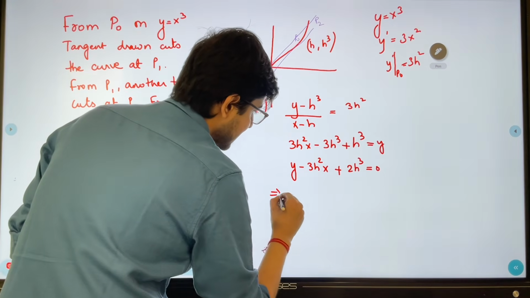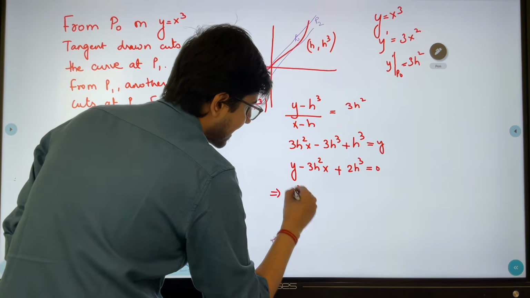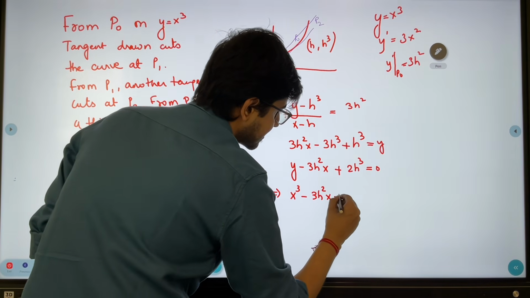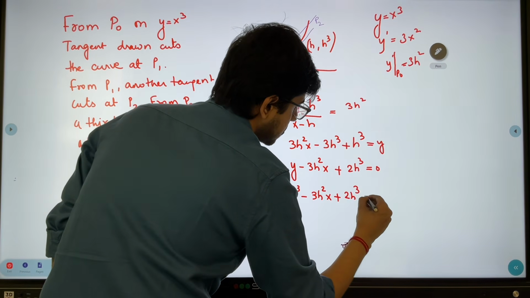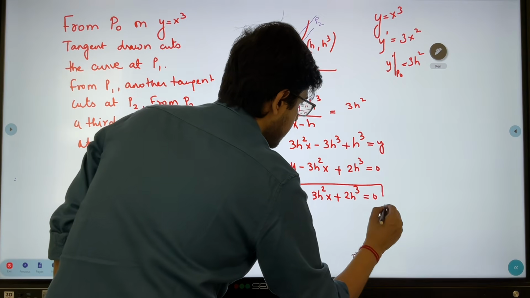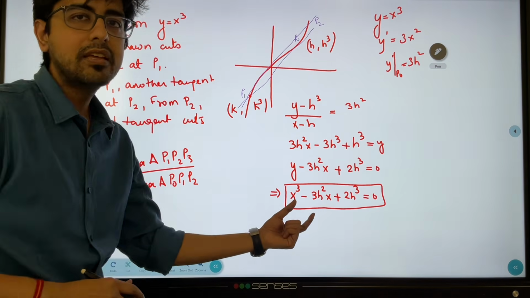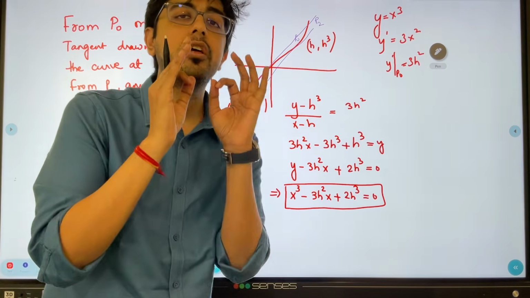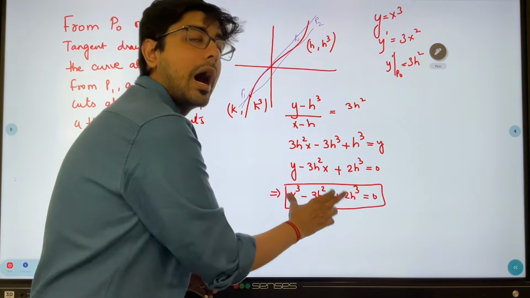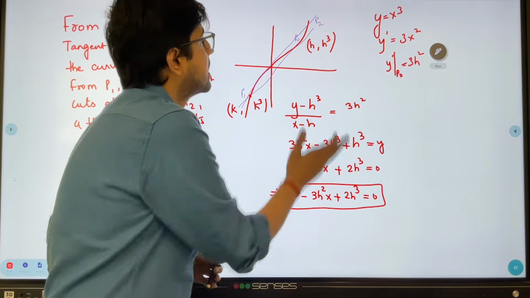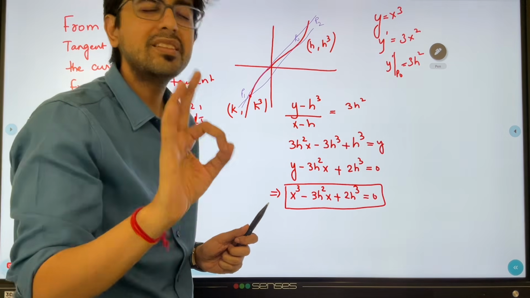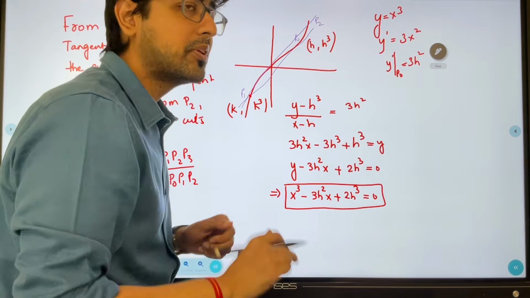So I can say that since y is equal to x cubed, x cubed minus 3h square x plus 2h cubed is equal to 0. As you can see, this is a cubic equation. A cubic equation has 3 roots. How did I get this cubic equation? By substituting the tangent in the curve, which means there should be 3 roots.